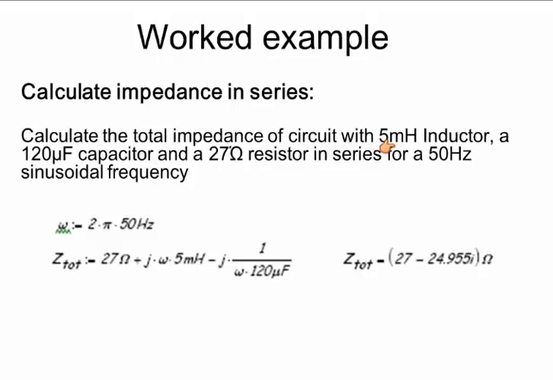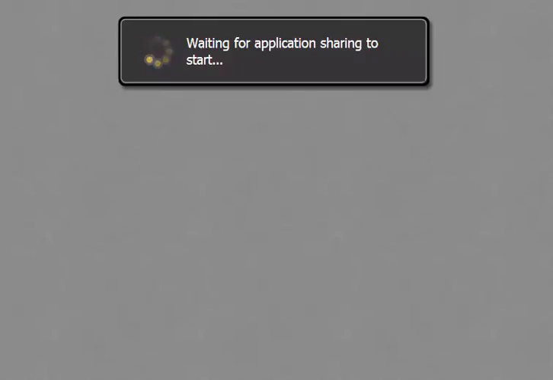I'll show you this now. C is equal to 120 microfarads, right? So that's that, and R is equal to 27, right? Now these are all in series, so it shouldn't be too difficult to calculate. So I'm going to switch to Python so we can do the calculation together.